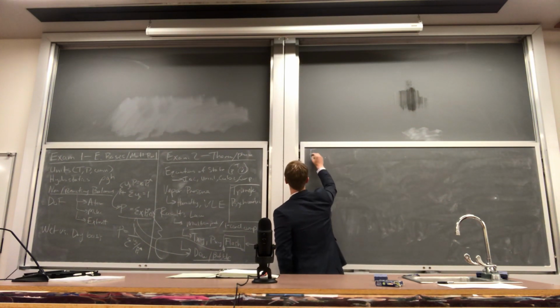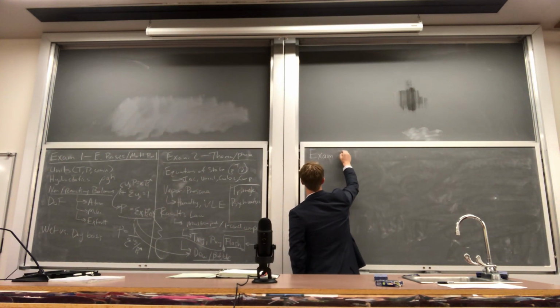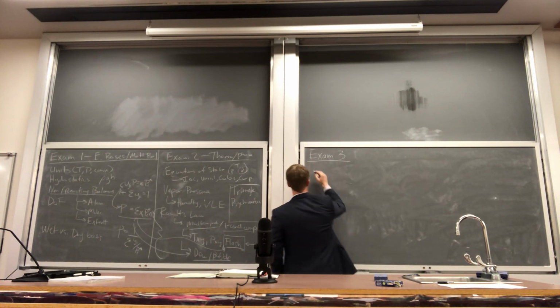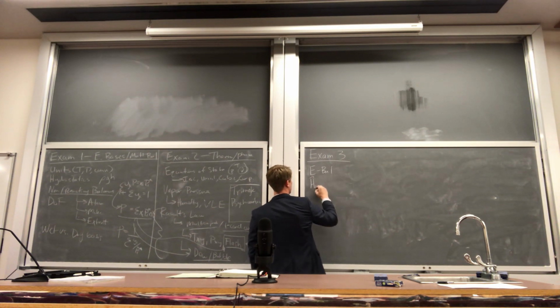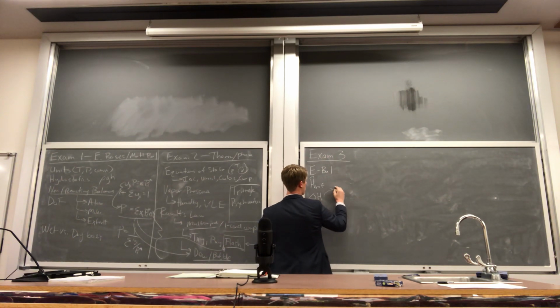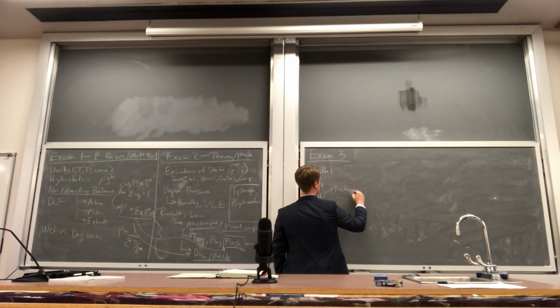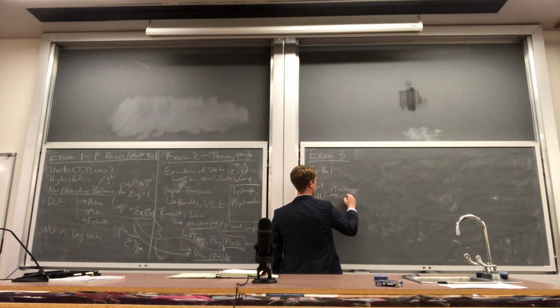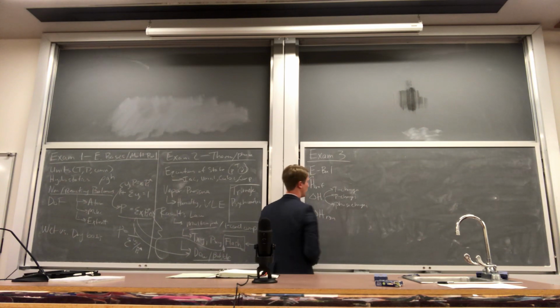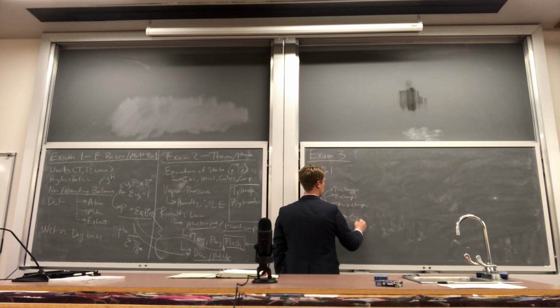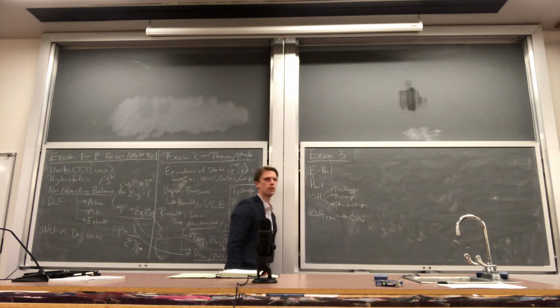Exam 3, which is fresh in our minds. This is energy balances, reference states, delta H for temperature changes, pressure changes, phase changes, and delta H of reaction, which is directly related to the heats of formation.